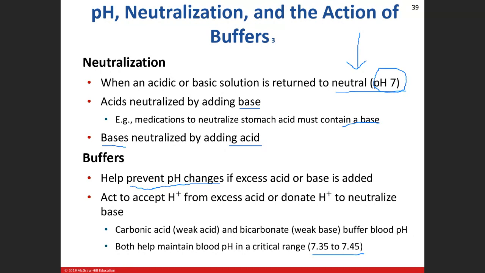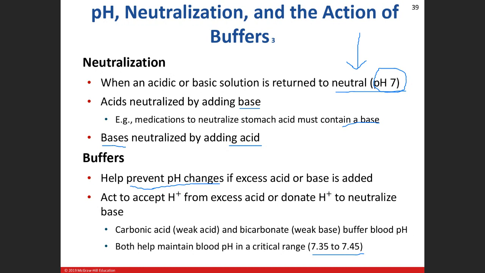So it's similar to neutralization. But with neutralization, you already have an acidic solution or a basic solution to start off with. Well, in this situation, what we're doing is we're starting off relatively neutral or staying within that neutral range. And what happens is something happens and you start to shift into an acidic pH or a basic pH.